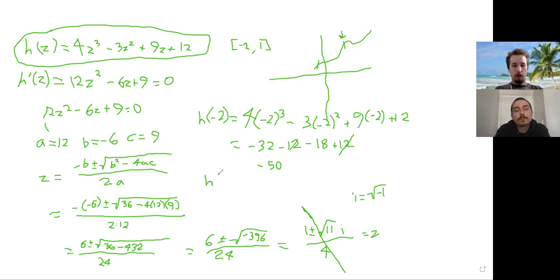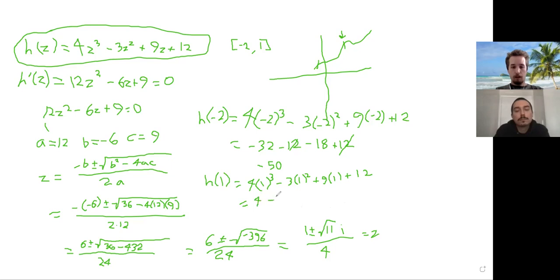And then h of 1, and from there we get 4 minus 3 plus 9 plus 12. 21, 18. And we get 22.